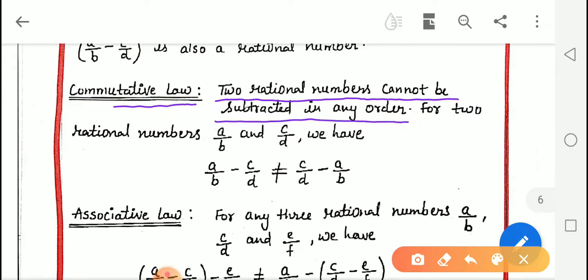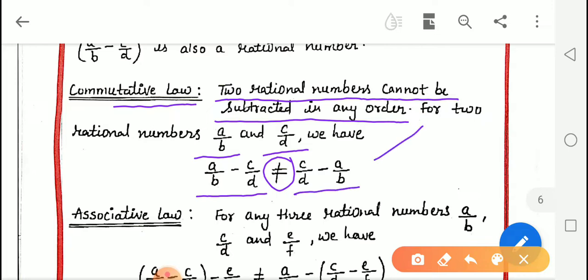Meaning if we reverse the order, the answer will not be the same. So if a upon b and c upon d are two rational numbers, then a upon b minus c upon d is not equal to, this is the symbol of not equal to, c upon d minus a upon b.